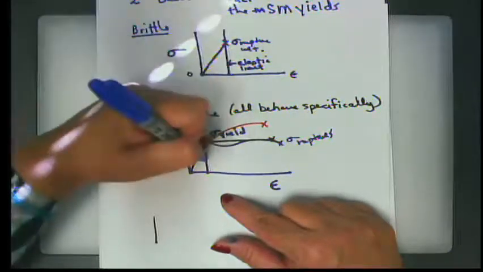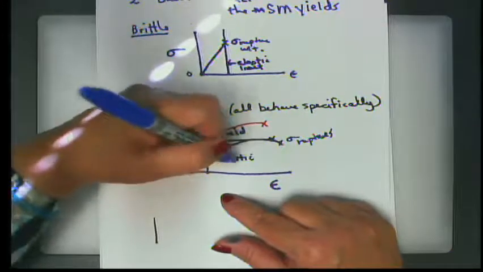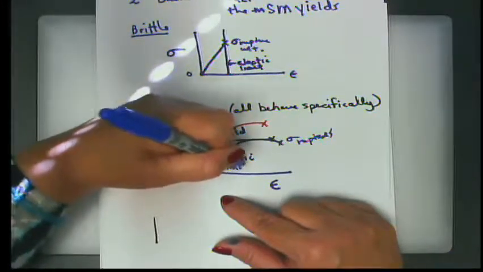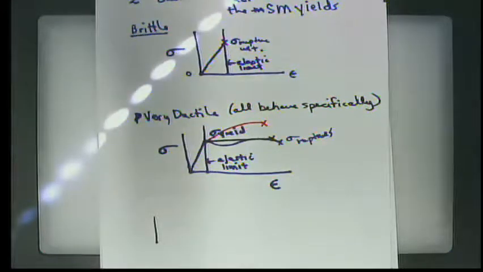And very often, with brittle materials, obviously, we never design past the elastic limit. With ductile materials, you will sometimes design past the elastic limit, but the properties of the material, and therefore what you can depend on that material to do for you, changes significantly after you reach the elastic limit.